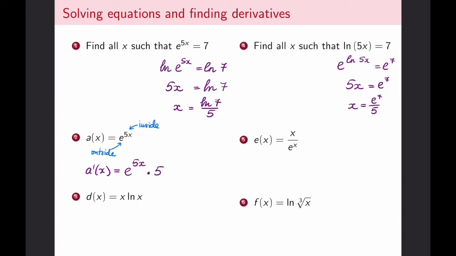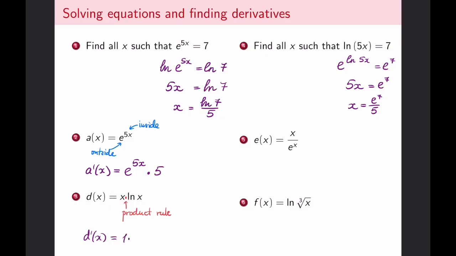Let's take a look at this next example here. So I have x times ln x. The first thing I notice is that there is a multiplication involved here, which means that this will require the product rule to be applied to differentiate this function. The product rule tells us that I first take a derivative of the first function multiplied by the second plus the first function times the derivative of the second. The derivative of the first function, which is x, is simply 1.